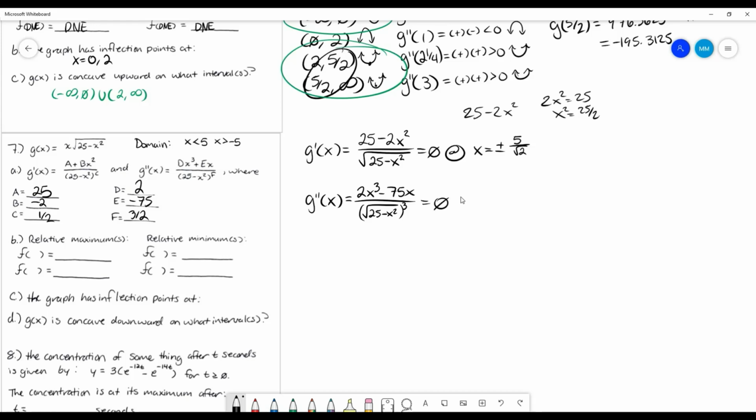Now this equals 0 at, well, 2x cubed minus 75x is the same as this. So at x equals 0 for 1. And then 2x squared equals 75, x squared equals 75 halves, x equals plus or minus square root of 75 halves. It's going to be greater than the square root of 25 halves.